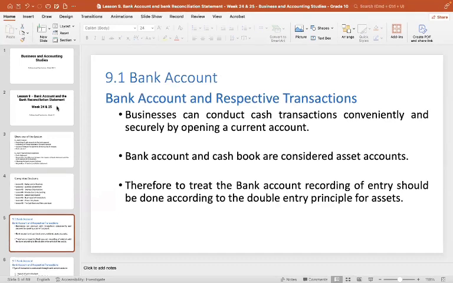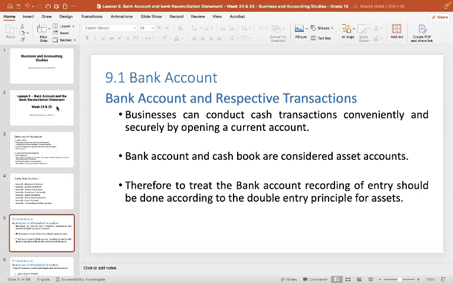Okay. So what is bank account and why did this bank account all of a sudden arise? So if you are looking at businesses, businesses are evolving and developing every day. So we learned about the cash book and petty cash book over the last couple of weeks.